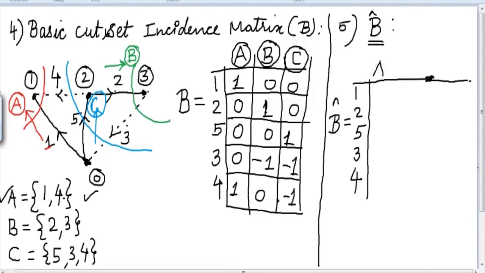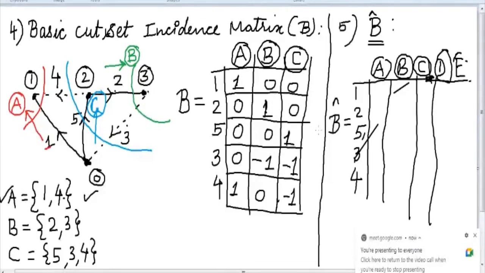Then we have to write here A, B, C. This is the same as that of the previous matrix. So you have to copy the things from the previous matrix. Okay. So what we were doing, we were simply writing the basic augmented cut set incidence matrix.